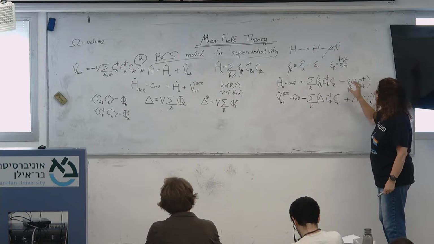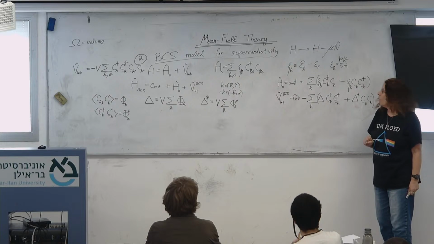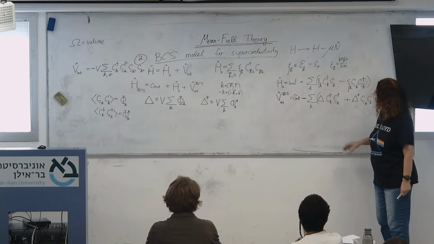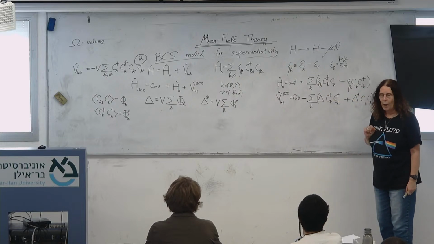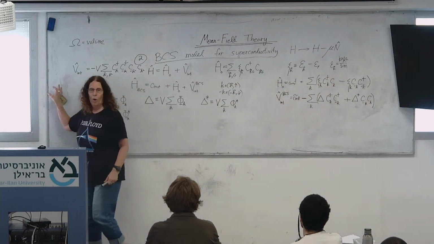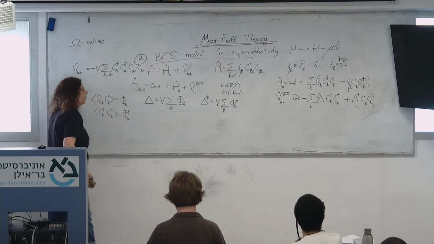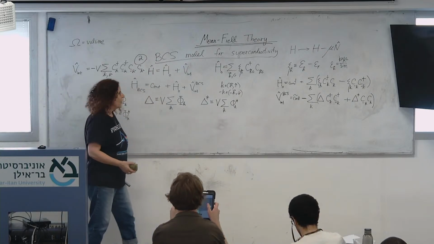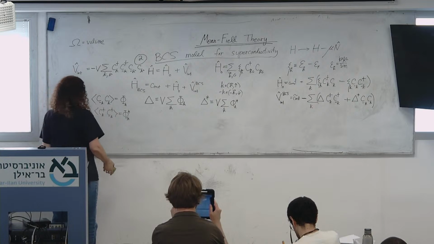So there are different types. But I can rewrite it very compactly in the following way. I'm going now to introduce a two-vector object. Yeah, you can take a picture.